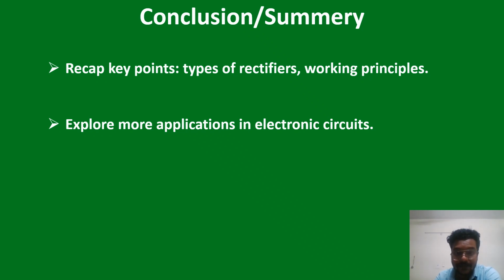Separately, we have to analyze for the positive cycle and negative cycle, and see whether the diode will act as a short circuit or open circuit, whether it is forward biased or reverse biased. You can also explore more applications of rectifiers in electronic circuits.